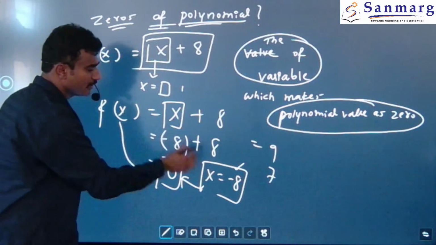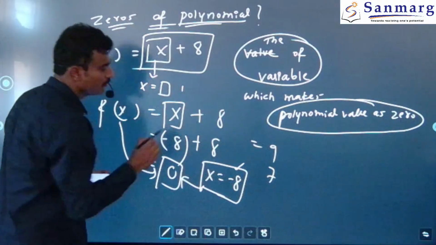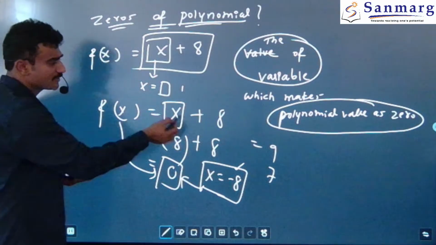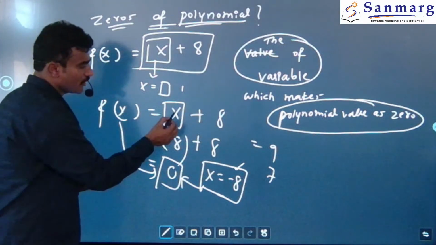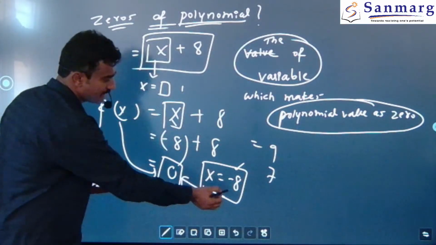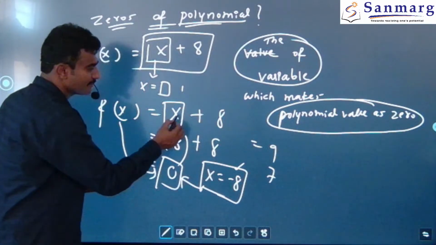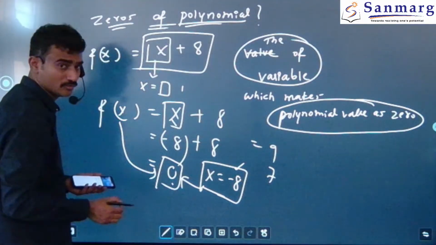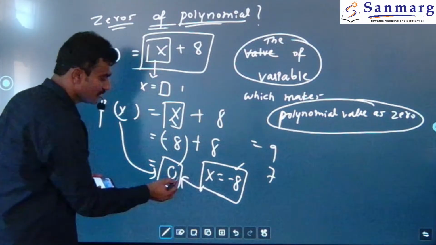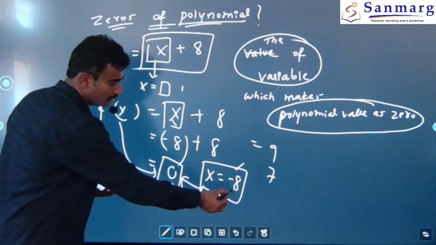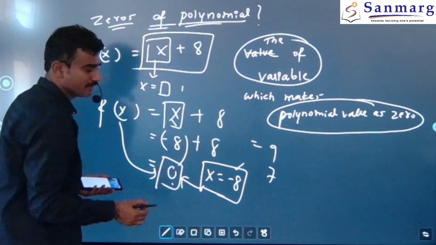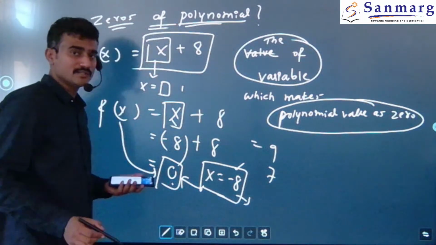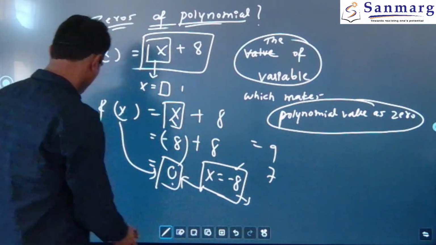That substitution we call the zero of the polynomial. For example, in this case, f of x is equal to x plus 8. If I substitute x as minus 8, then the answer will be 0. So for what value of x was the answer 0? The value of x was minus 8. Therefore this minus 8 we call the zero of the polynomial.